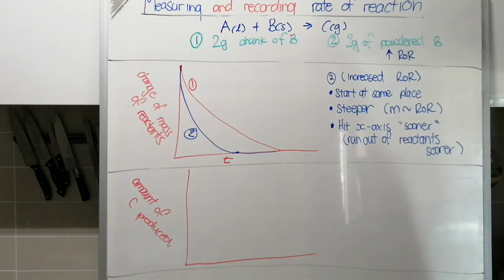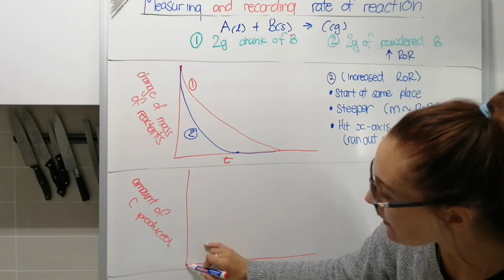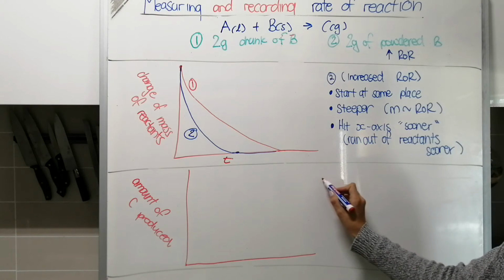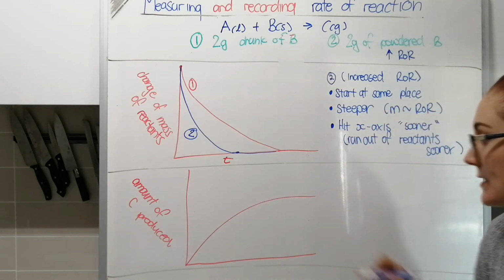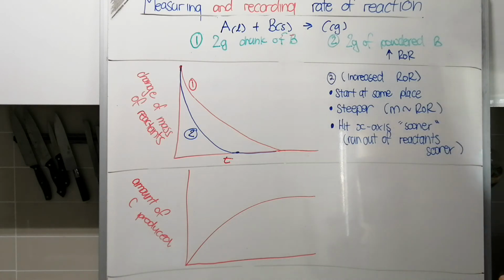And when we start the reaction, we've got no product. And as the reaction progresses, we're going to start with a very high rate of reaction, and it's going to slow down until it sort of levels out. Okay, so it flattens out. Okay, we know what's going on here. I'll just quickly go through it again.